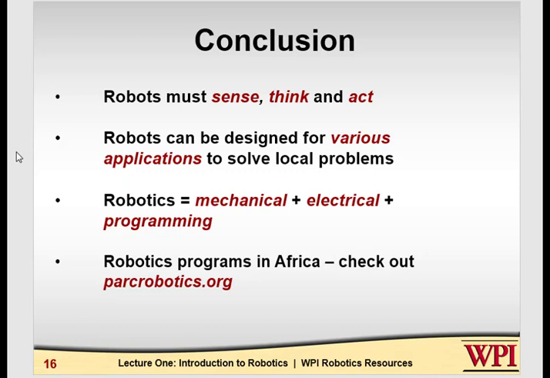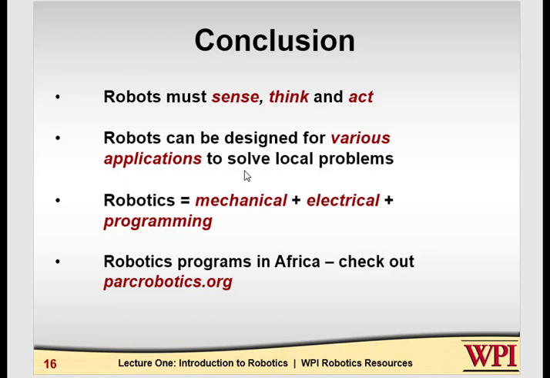So in conclusion of our introductory lesson, let's review some of the things that we've discussed. We know that robot systems can sense the environment, think or process information from the environment, and also act or perform a given task within the environment. And we also saw some examples of this. We also learned that robots can be designed for various applications.